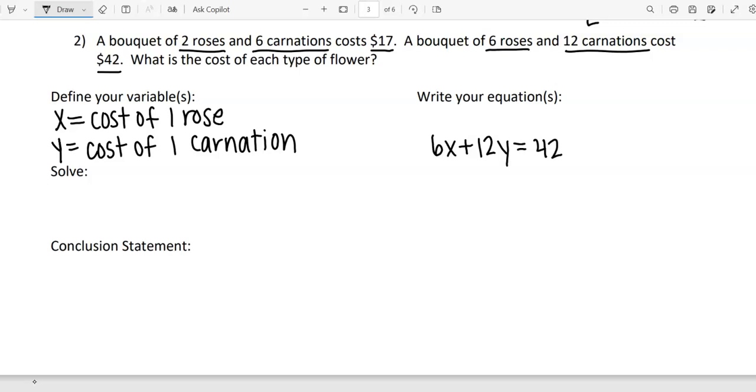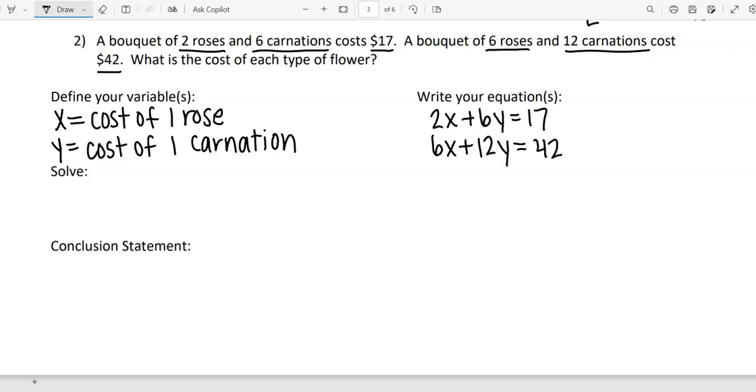That's awesome. Great. Mateo, will you give me the first equation? Good. So 2x plus 6y equals 17. There's our system. Ready to solve it? Yeah?